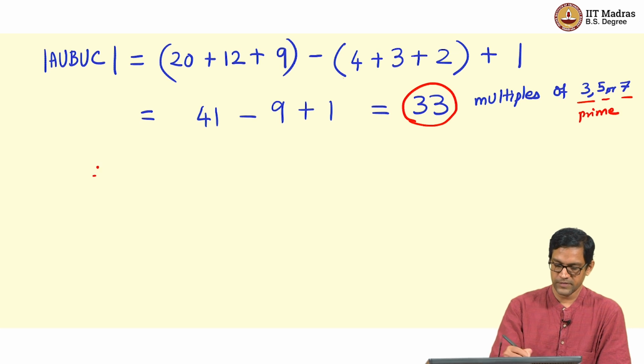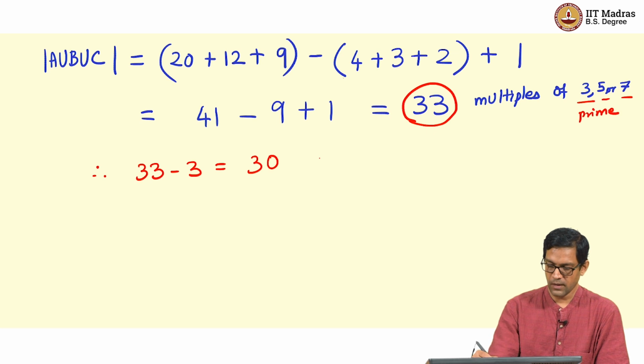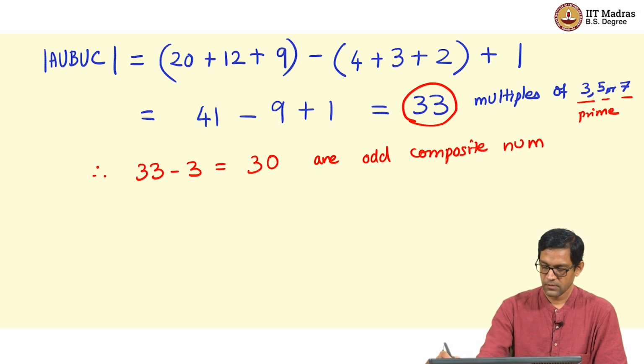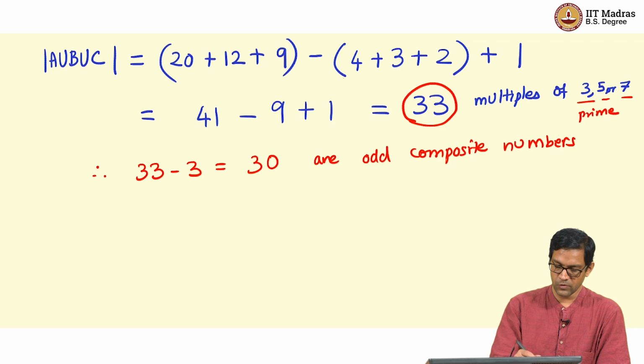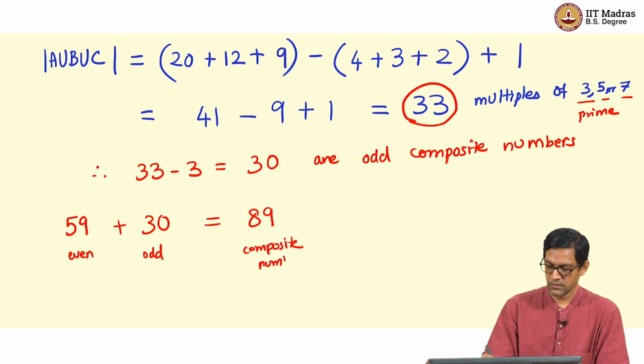Therefore, out of these 33, 33 minus 3, which is 30, are odd composite numbers. So the final conclusion is the following: there were 59 even composites and 30 odd composites, which is a total of 89 composite numbers between 1 and 120.